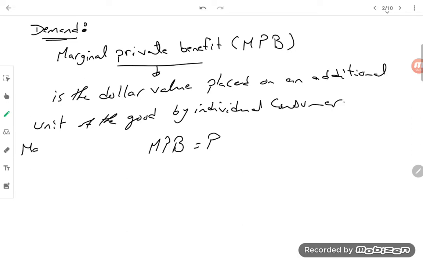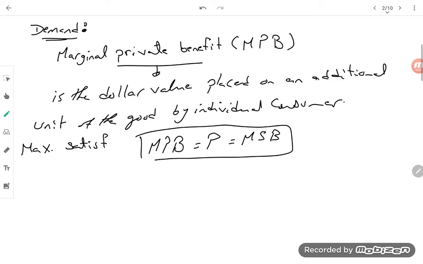So this is the maximum satisfaction condition for the consumer, which is equivalent to marginal social benefit for the society, as there is no government intervention or anything else that affects the economy negatively. Later on, we are going to talk about conditions of inefficient markets. So this is the maximum satisfaction condition in case of a perfectly competitive market.